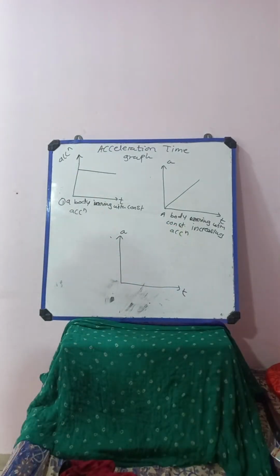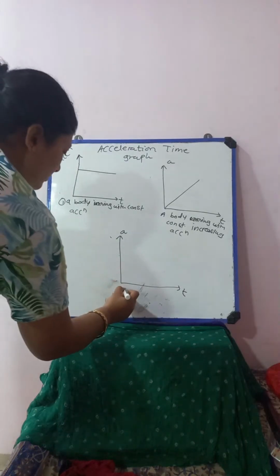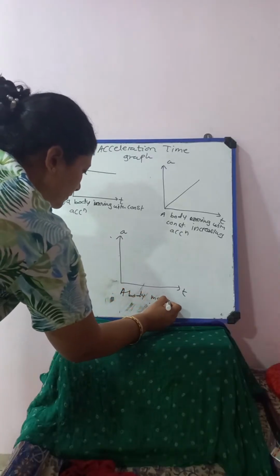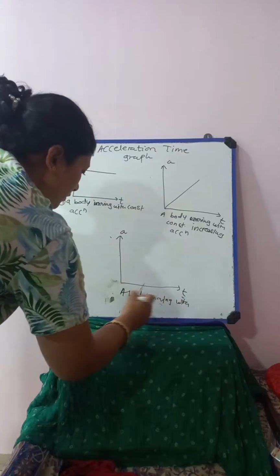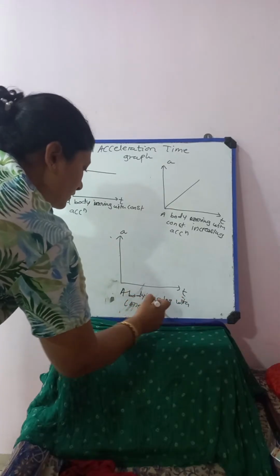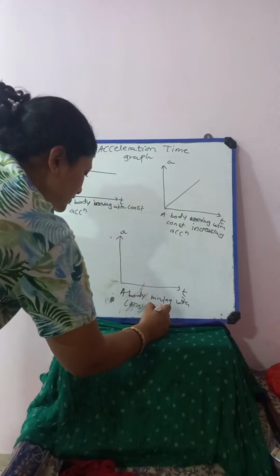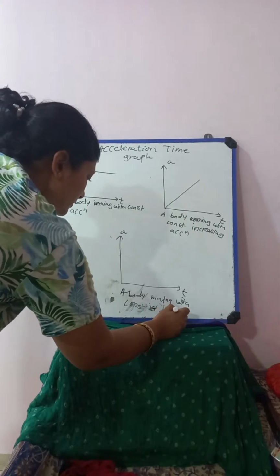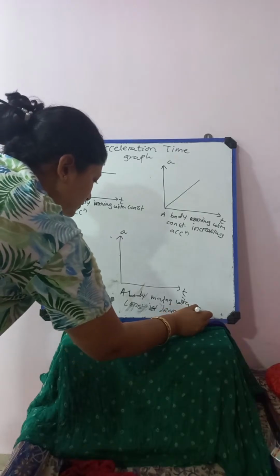Okay, and last part, that is a body moving with a decreasing acceleration, a body moving with constant retardation or constant decreasing acceleration.